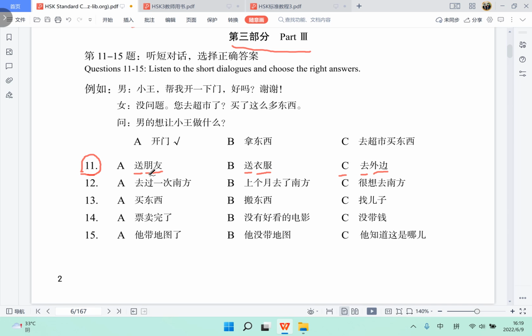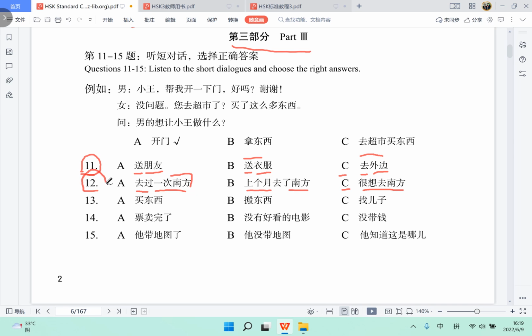So 你去做什么: I say 我去送朋友, or 我去送衣服, or 我去外边. And number 12: A 去过一次南方, I have been to southern China once. B 上个月去了南方, last month I went to southern China. C 很想去南方, I really want to visit southern China.